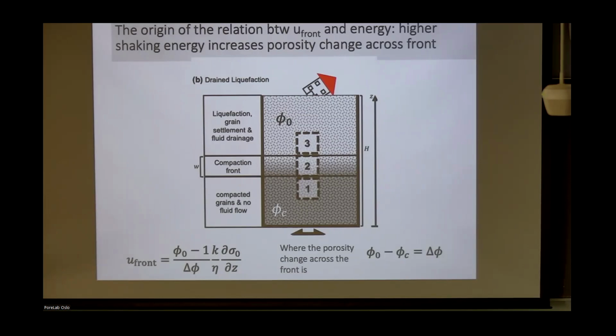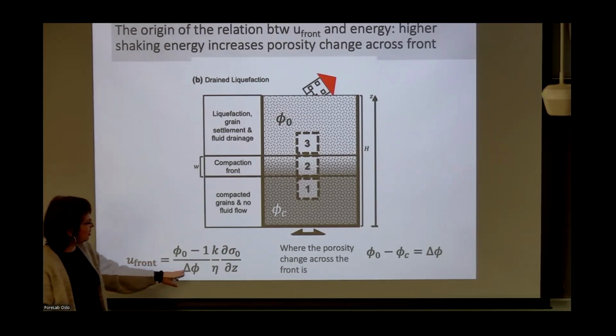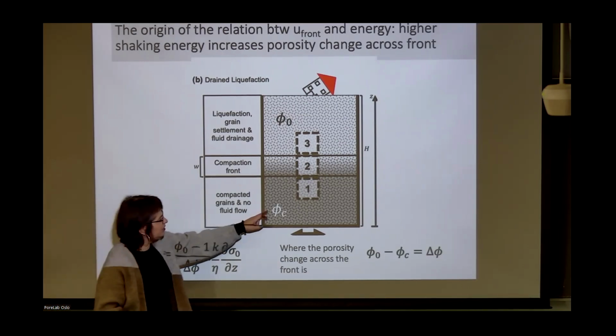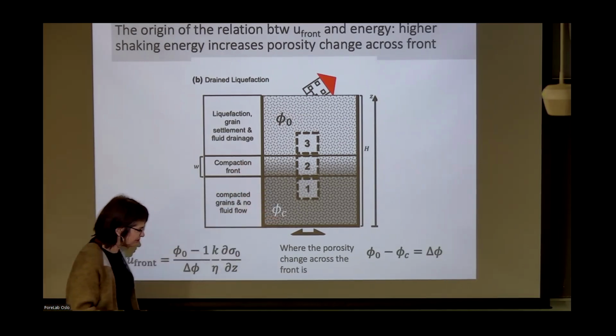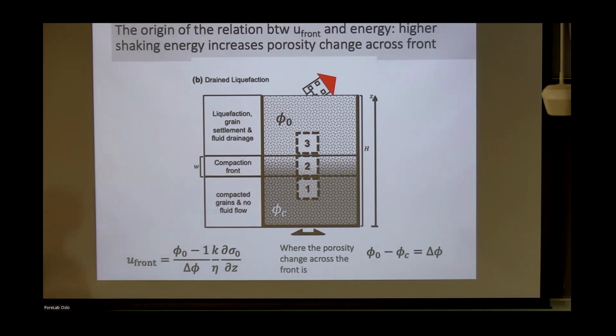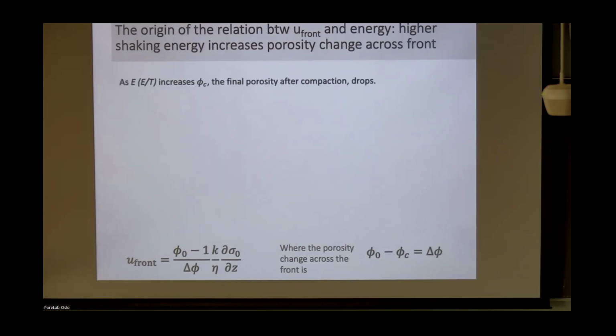So what happens is that the front depends on this delta phi between phi0 and phi c, the compacted. If delta phi is small, the front velocity will be high. We find that as the energy of shaking increases, the final porosity decreases.